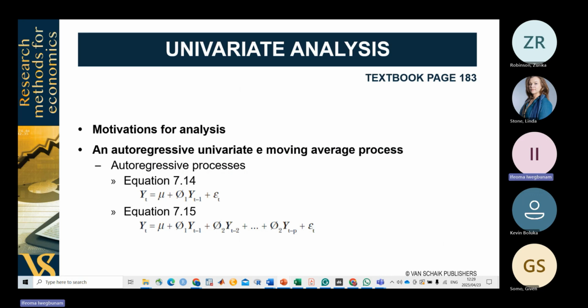So one can say, okay, let's adopt the univariate analysis, where we have the autoregressive univariate model, but first of all, you need to look at the model.